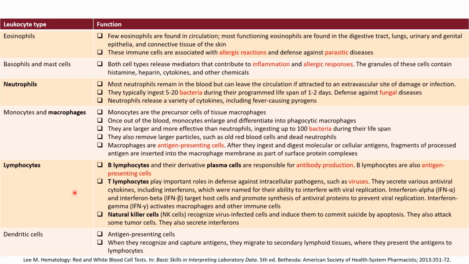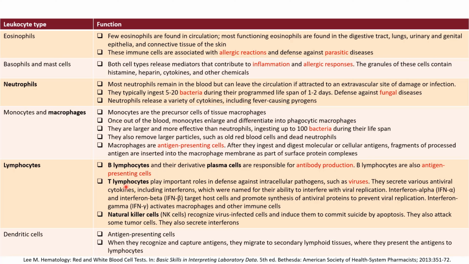And of course, the three types of lymphocytes. B lymphocytes are the ones that result in plasma cells that make antibodies. B lymphocytes themselves are also antigen presenting cells, so they can work with T cells. T cells, there are different types. There are CD4, CD8 that are most commonly important types of T lymphocytes.